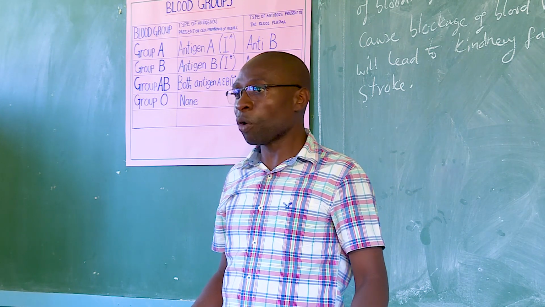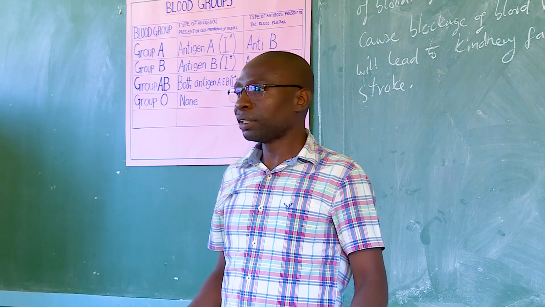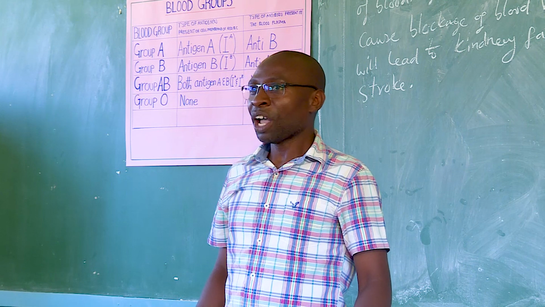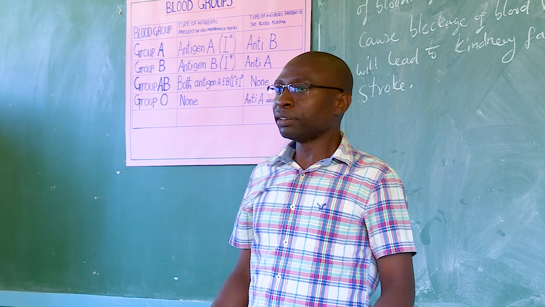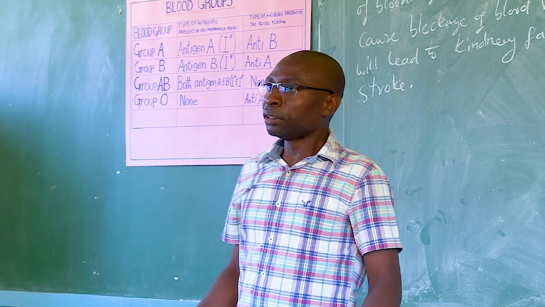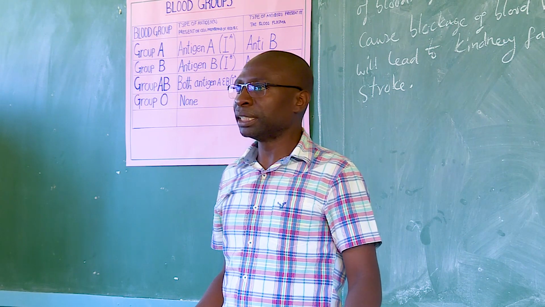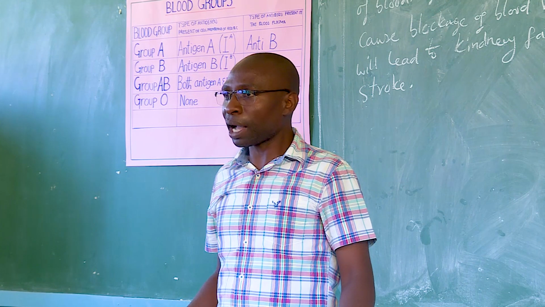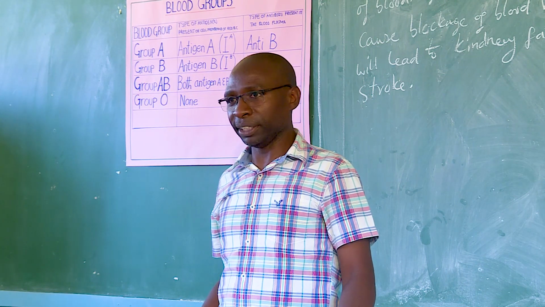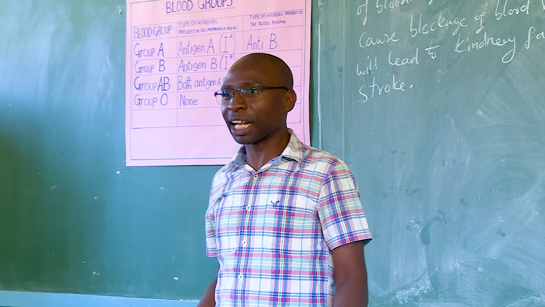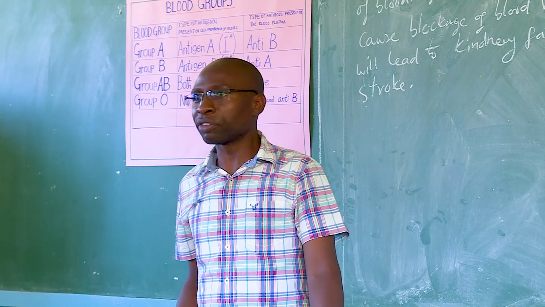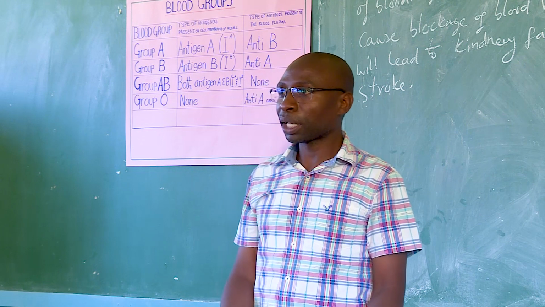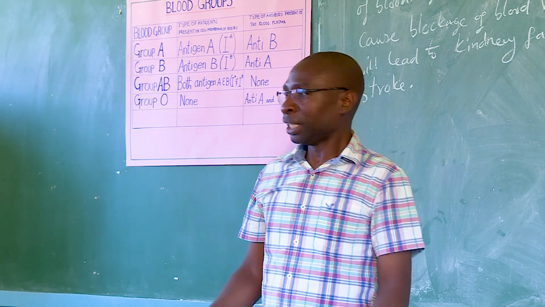We have seen people who were able to talk nicely but are no longer talking; they are talking like a baby. Or if it affects the part responsible for controlling movement, the movement of that individual will be affected. In our community, even our relatives, we have experienced that. Okay?